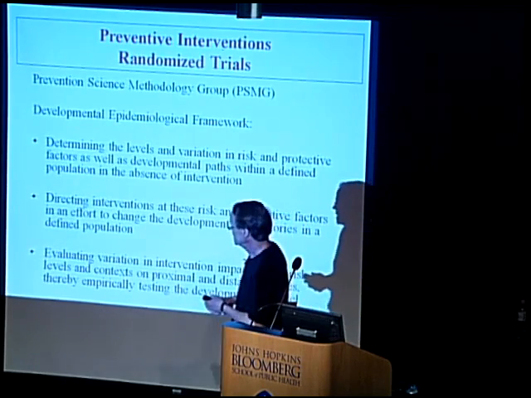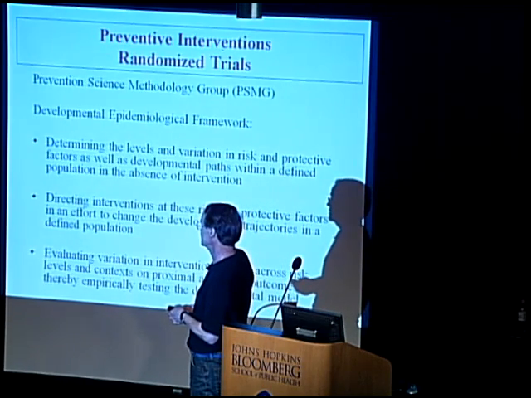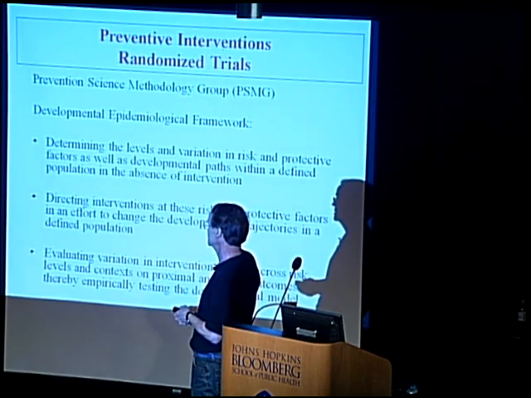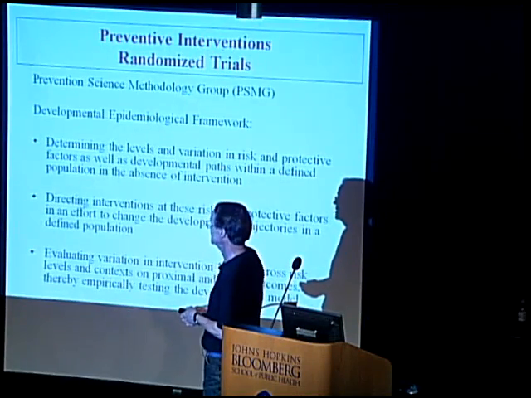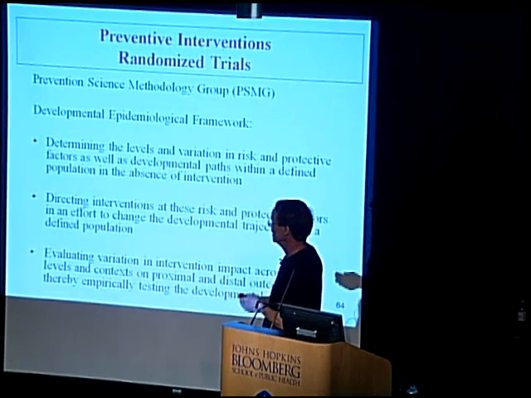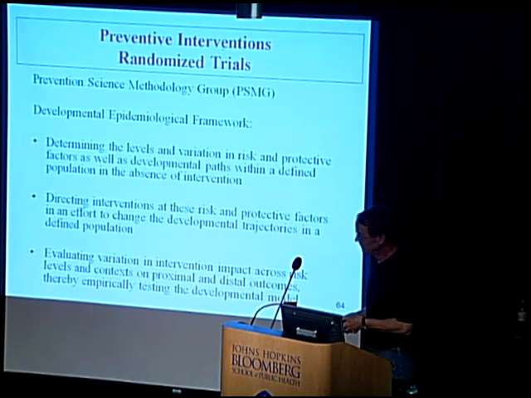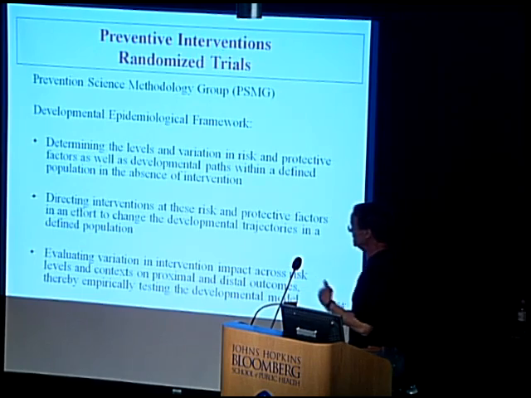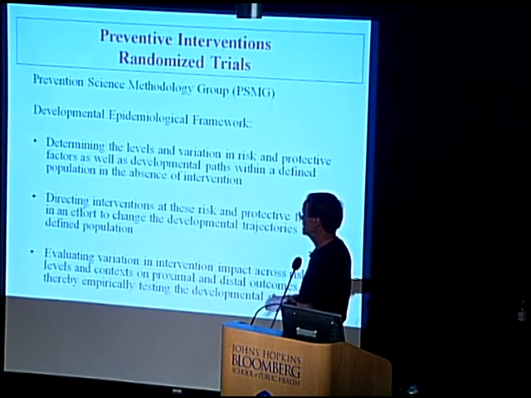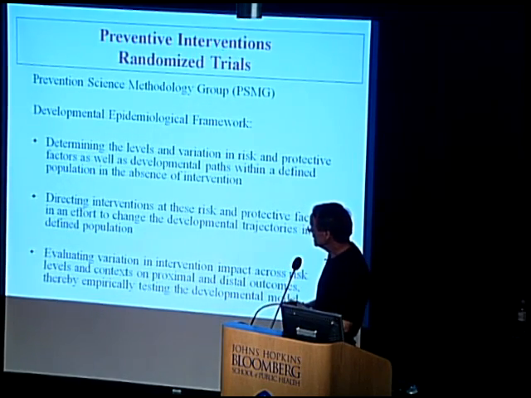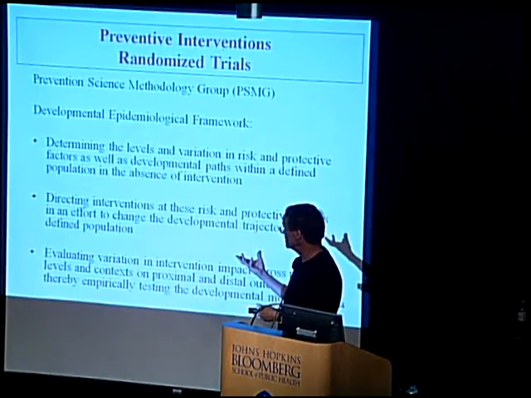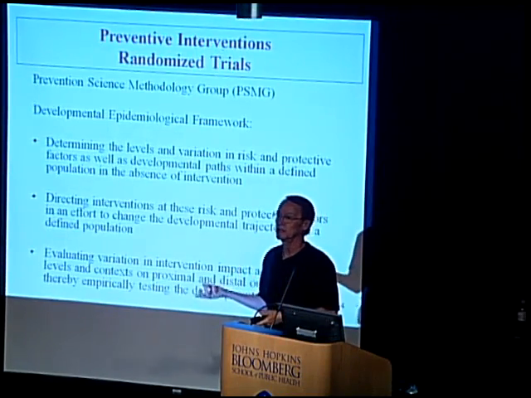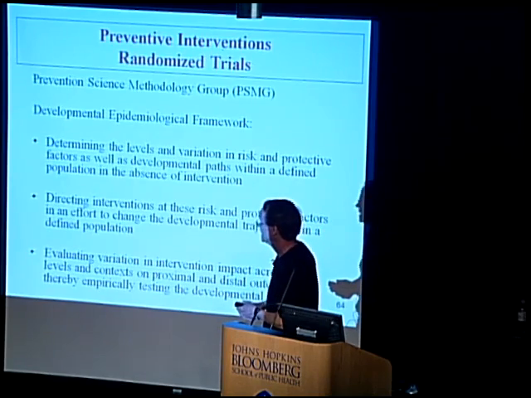Now, what's this? Second bullet: directing interventions at these risk and protective factors in an effort to change the developmental trajectories in a defined population. Epi people always talk about defined population, and they're right in doing so, I guess. But what does that mean? Well, changing developmental trajectories seems to mean that the intervention, the TX variable, should influence S. That would say that you would do a joint analysis of the treatment and control group.